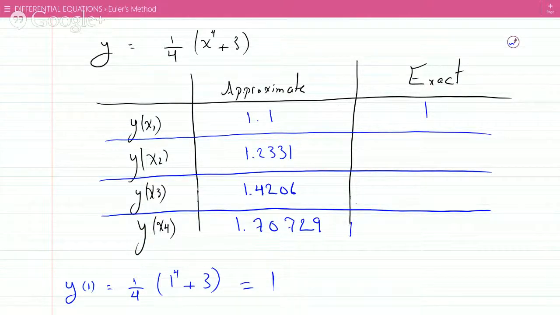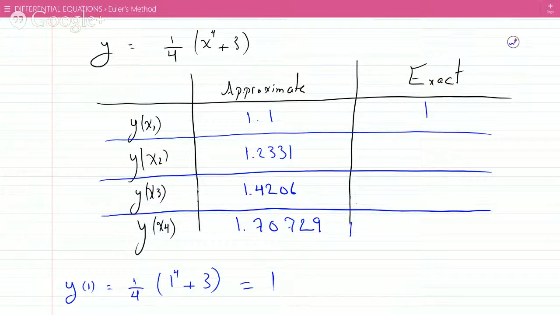Okay, for 0.2331 to the 4 plus 3 divided by 4, here you get 1.32801 using the calculator. And now for 1.4, oh wait, no, the x was, sorry, the x was 1.1 here. I think I plugged it wrong.